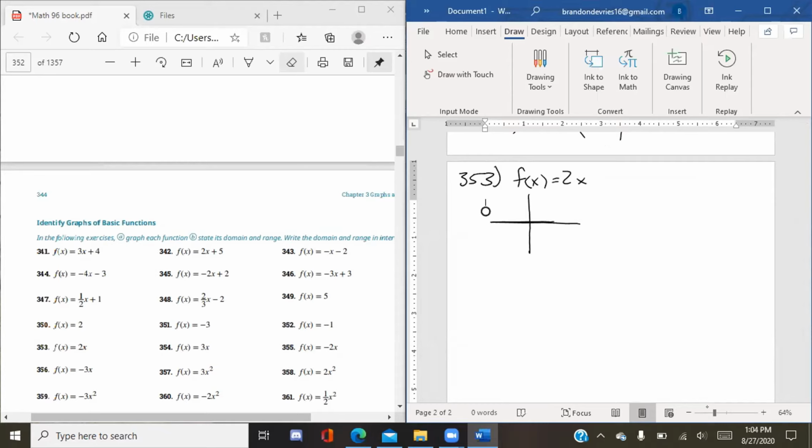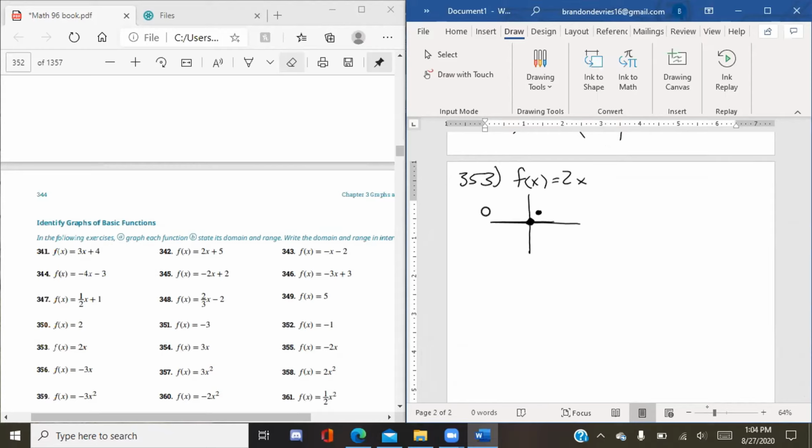So 0 would equal 0, so it'd be right here in the center. And then 1 would be 2, so 1 and then 2 up. And then -1 would be -2.